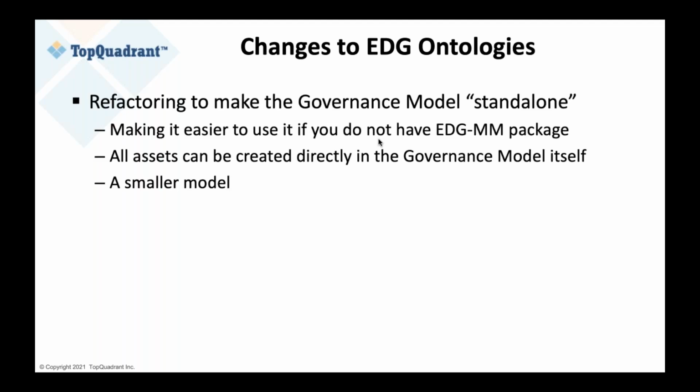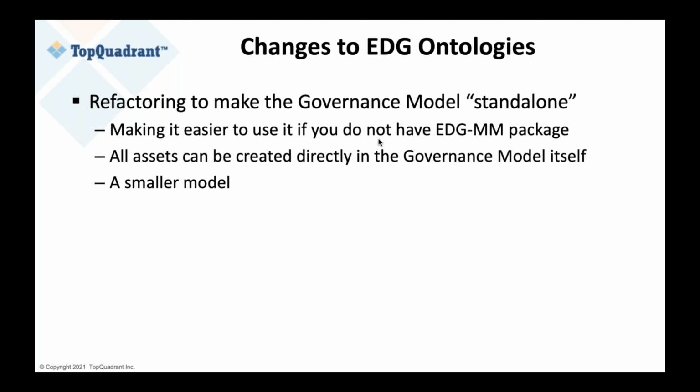Now, what we had prior to 7.1 is a pretty comprehensive governance model that included many different types of assets that were defined in typically enterprise asset collections or technical asset collections.